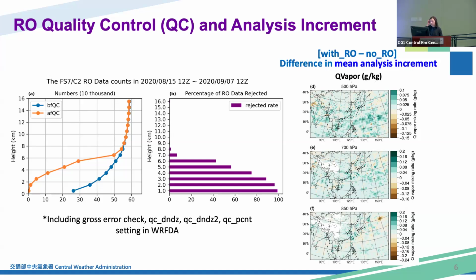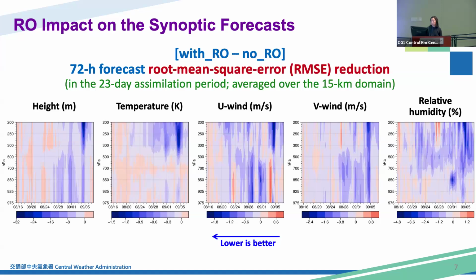For the forecast result, we check the root mean square error. We can see the COSMIC-2 data can reduce the error, not only in geopotential height, but also in temperature, the wind field and humidity.